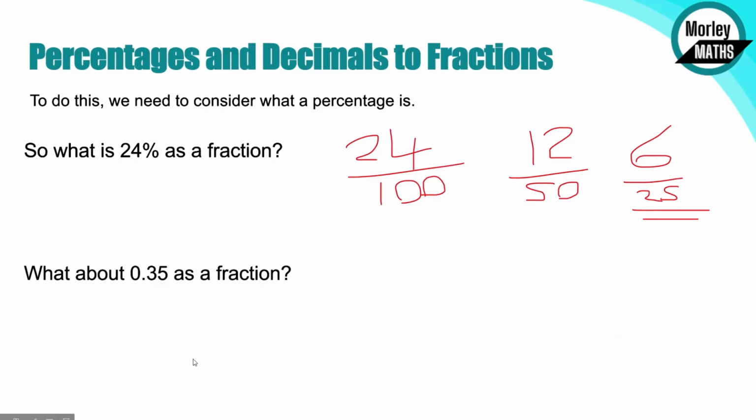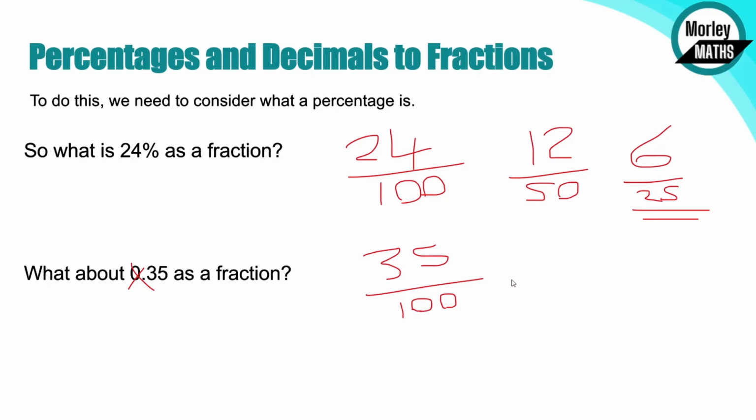What about 0.35 as a fraction? So we've kind of already covered this a little bit. I spoke about how we can turn a percentage into a decimal by just adding 0 point on the front. Here we can just take off the 0 point and we've got it as a percentage. And then you can just follow that same method as we've done above. So 35 out of 100.